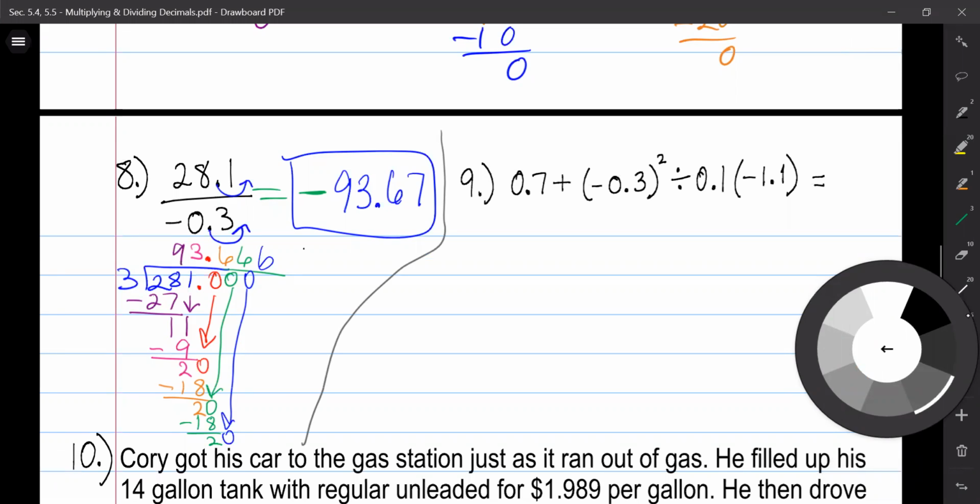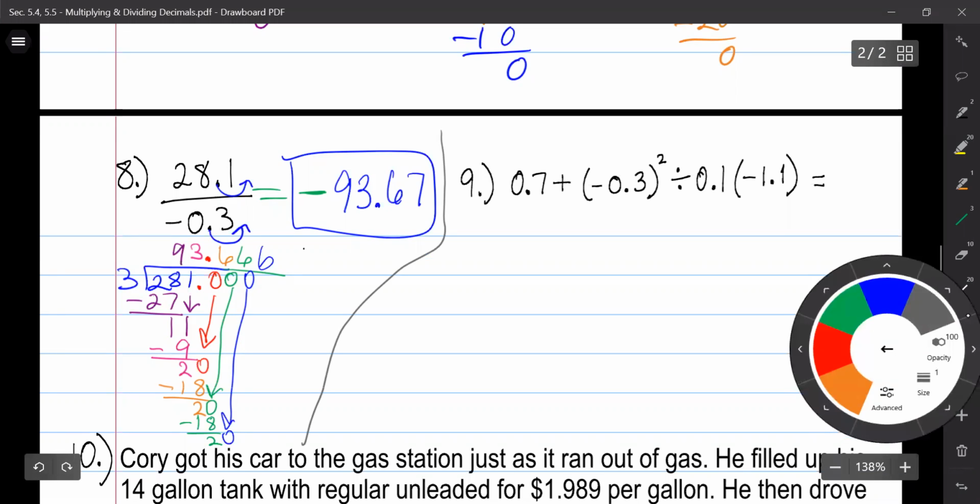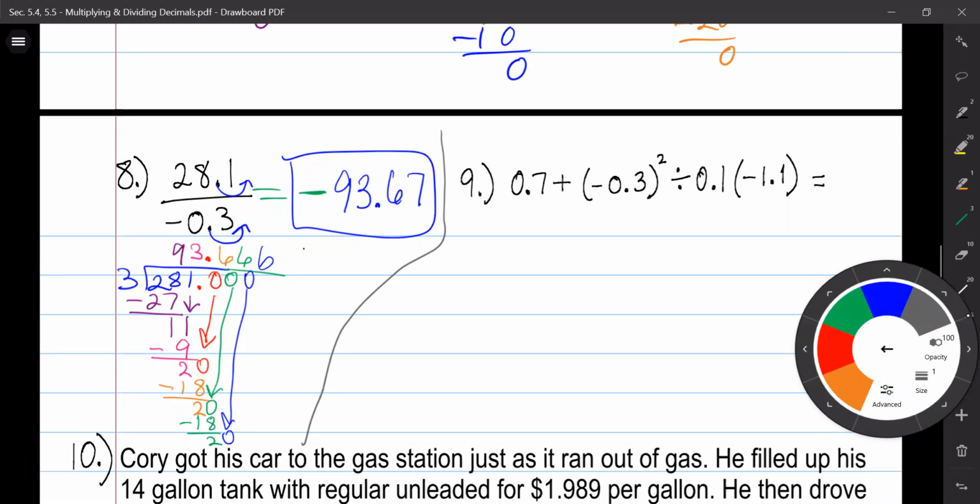All right. Number 9, we will need to use our PEMDAS skills. So there's nothing on the inside of the parentheses that we have to do. So next I'm going to go to exponents. So I do have an exponent, so negative 0.3 squared.